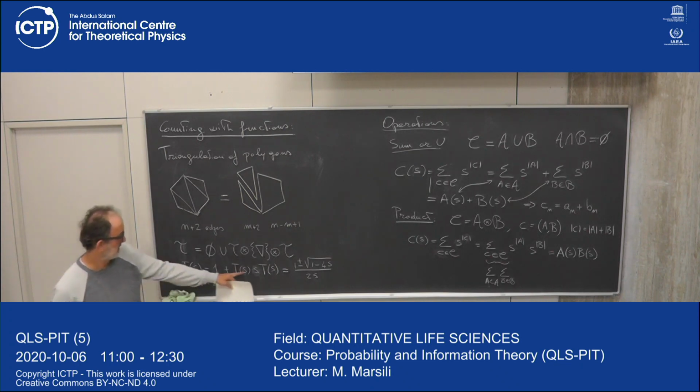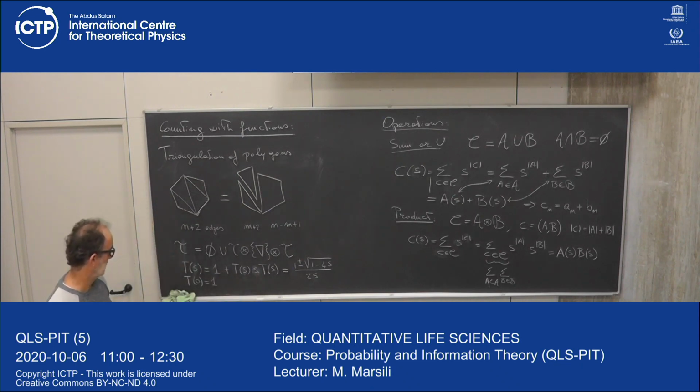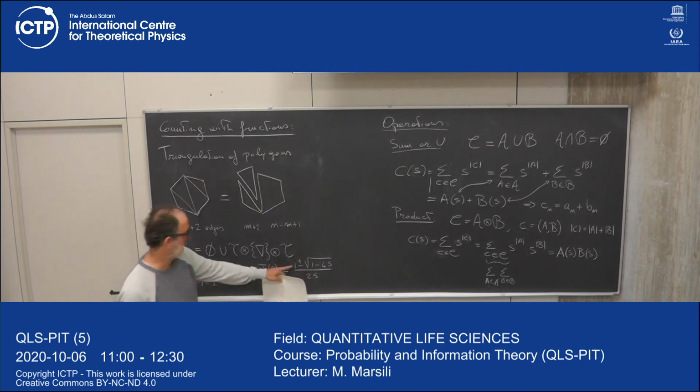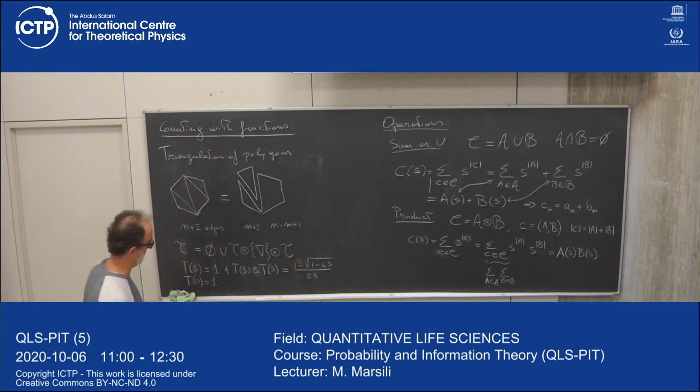Also from this equation you see that T of 0 is equal to 1 if S is equal to 0. Essentially, if you take the plus sign, this diverges, so you have to take the minus sign, and with the minus sign, this is okay.